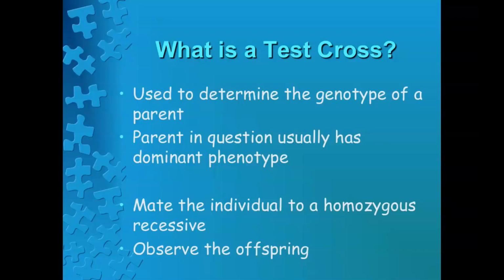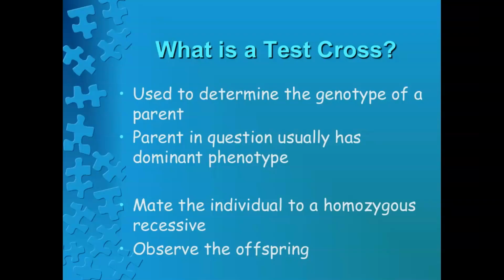But what if I don't know the genotype of the parent? If this is a traditional Mendelian cross, my dominant parent could be homozygous dominant, two capital letters, but they could also be heterozygous, and there's no way for me to know that simply by looking at them. One of the things geneticists can do to backtrack and figure out the genotype of a dominant parent is what we call a test cross.